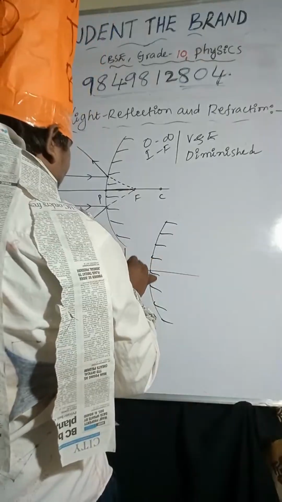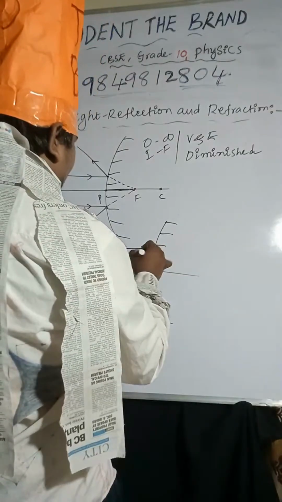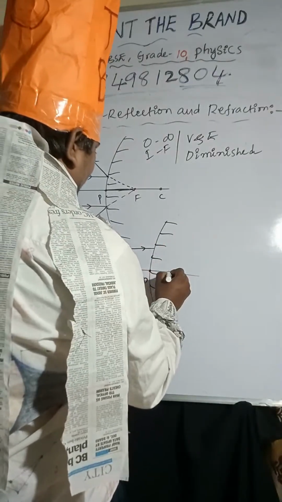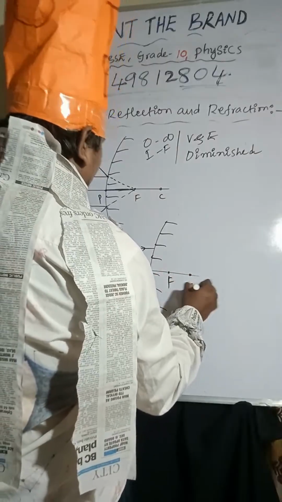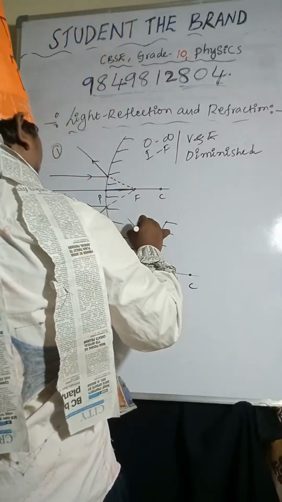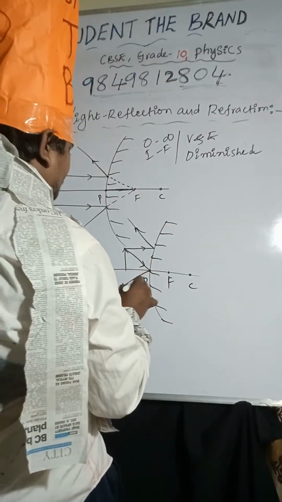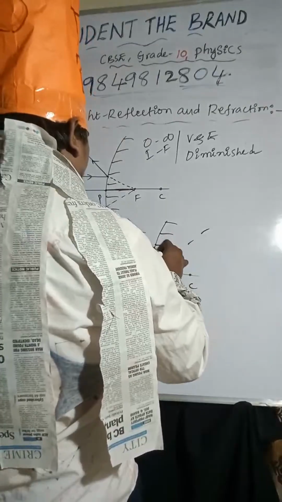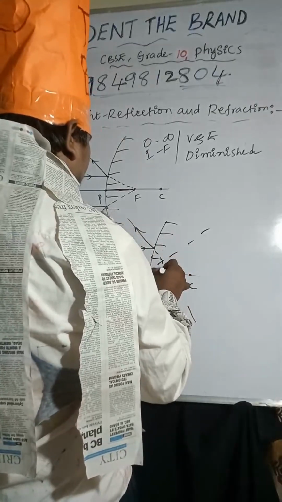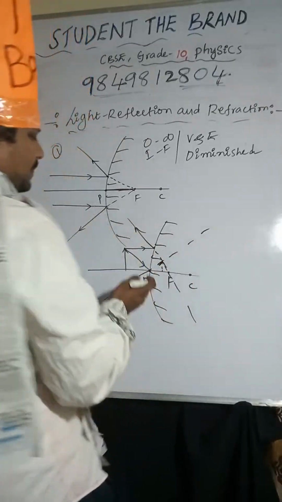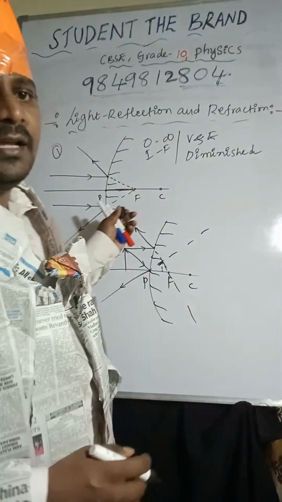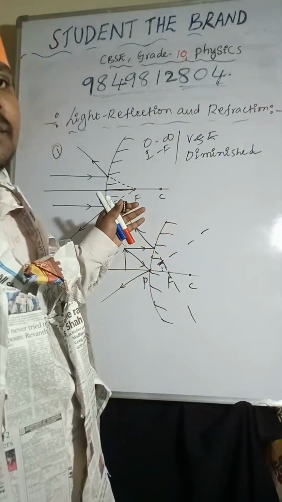So object is placed here. One light I am taking like this. This is the pole, focus, center of curvature.